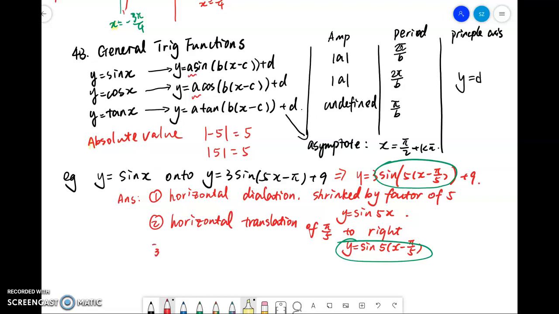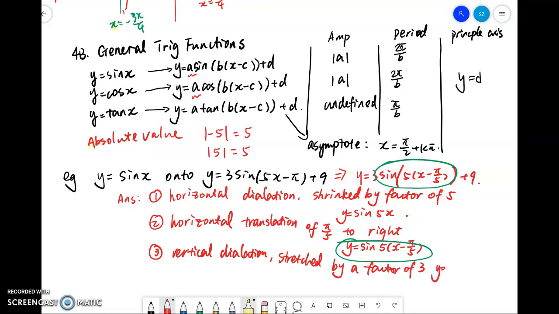And third step, actually it's easier to do vertical dilation, stretched by a factor of 3.